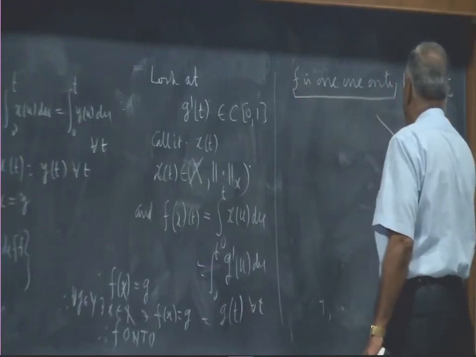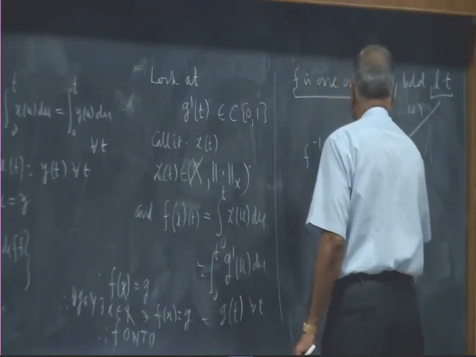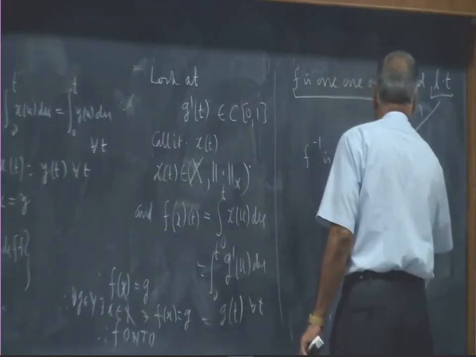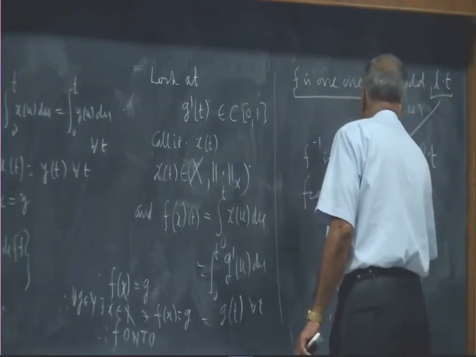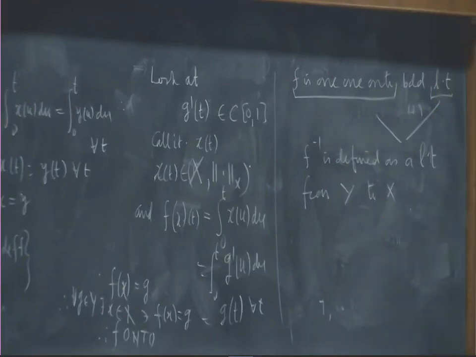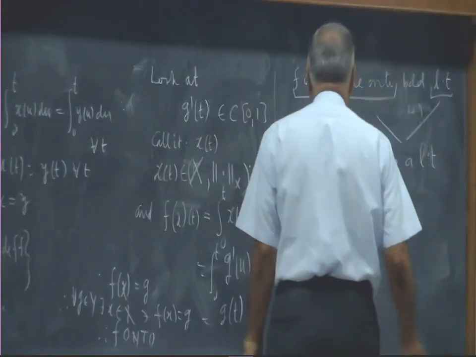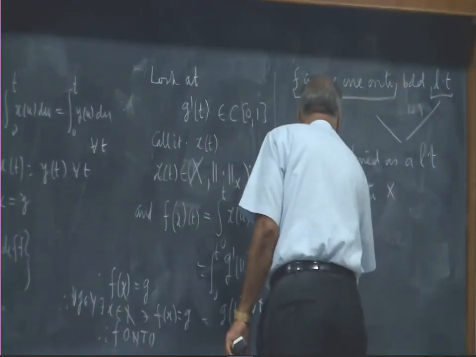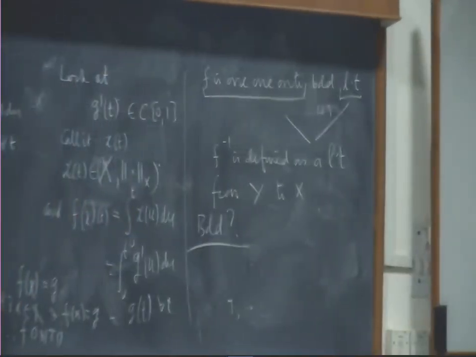These two together tell us F inverse is defined as a linear transformation from Y to X. The onto says inverse is defined. The moment you have an inverse of a linear map, the linearity forces linearity of F inverse also. The question is about boundedness. We will show that it is not bounded.